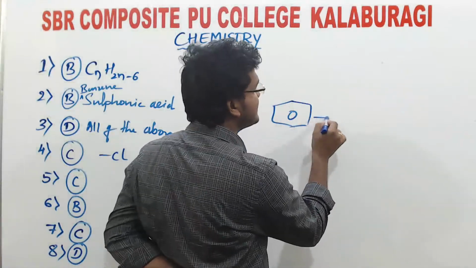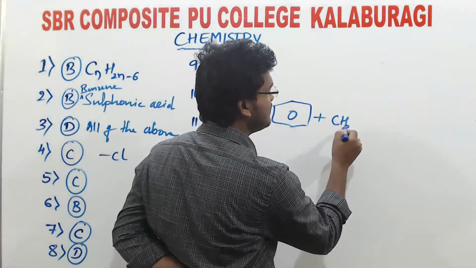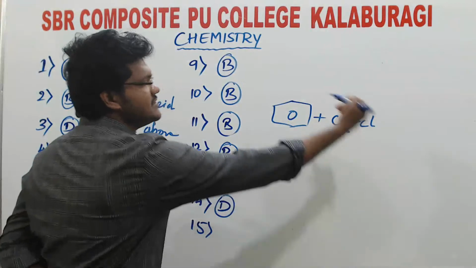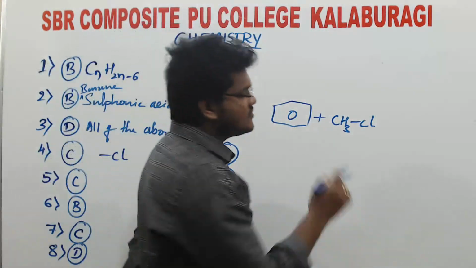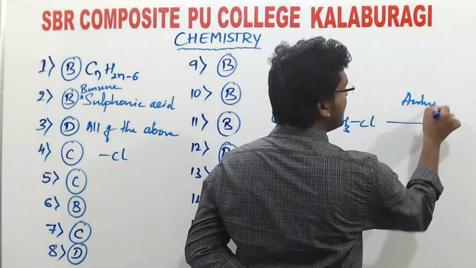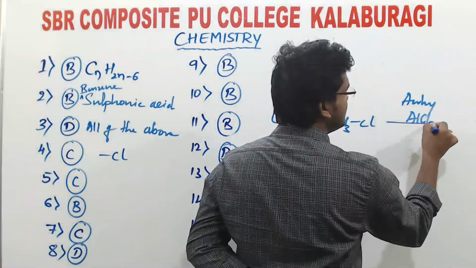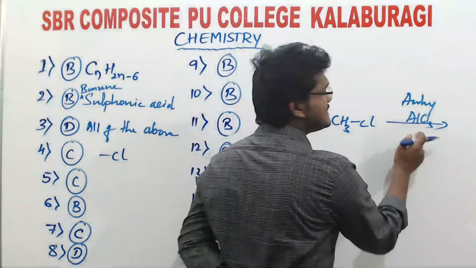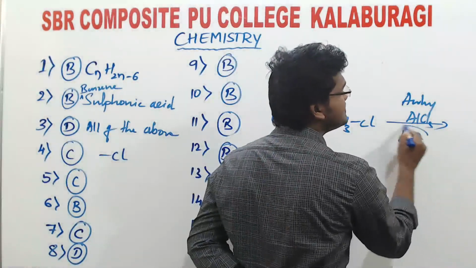I'm talking about alkylation. CH3Cl, where an alkyl group is introduced into benzene. This reaction will take place in the presence of anhydrous AlCl3. Anhydrous AlCl3 acts as a Lewis acid.